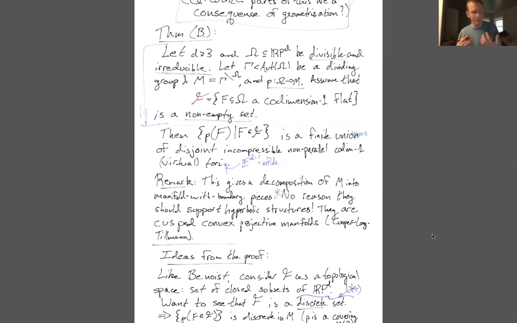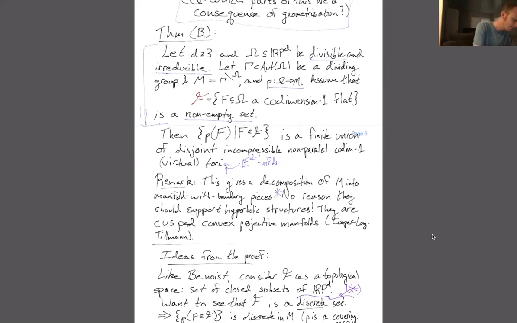RP^d is a topological space, and so this is a subset of the set of closed subsets, and so has a topology. And if you're not familiar with such a thing, the way that they converge is by all of the points in them converging. So a triangle converges to another triangle if all of the points in a sequence of triangles converge to that triangle. So it's pretty natural to think about.